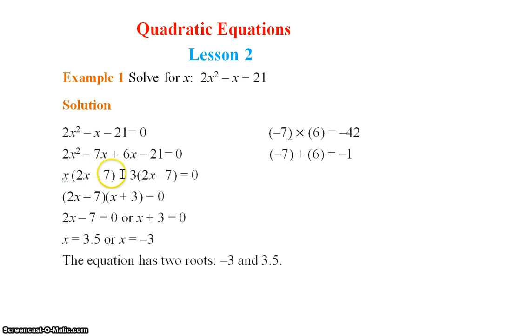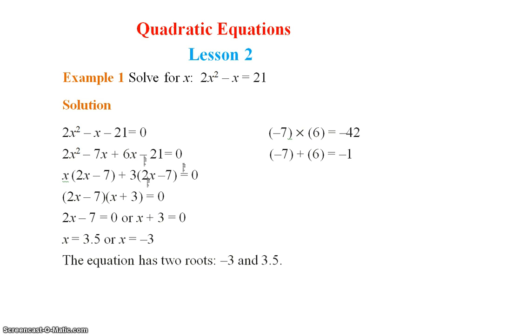In brackets we get 2x minus 7. The last two terms, 6x and 21, have the greatest common factor 3, which we can factor out. 6x divided by 3 is 2x, 21 divided by 3 is 7. Again, in brackets we get 2x minus 7.